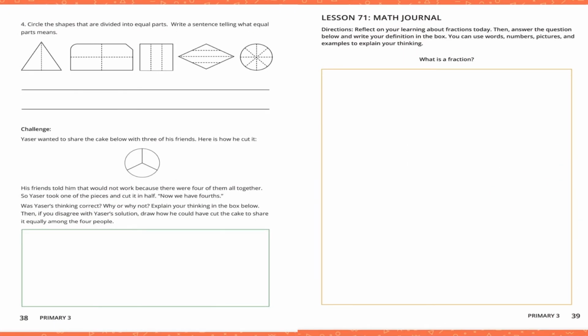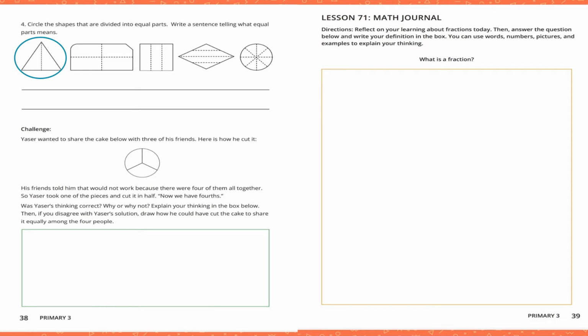Question number 4. Circle the shapes that are divided into equal parts. Write a sentence telling what equal parts mean. Now, is the first shape, this triangle, divided into equal parts? Yes, so I will circle it. Is the second shape divided into equal parts?